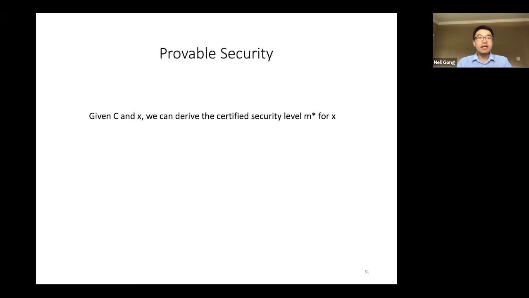Specifically, given a set of clients C and a test input X, we can derive the certified security level M star for X. Moreover, we show that our derived certified security level is tight, which means that without making more assumptions, it is theoretically impossible to derive a certified security level that is larger than ours.